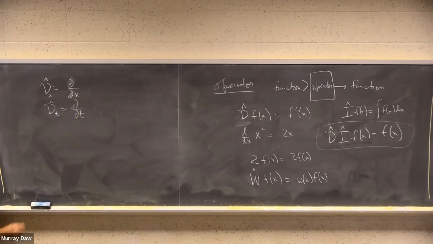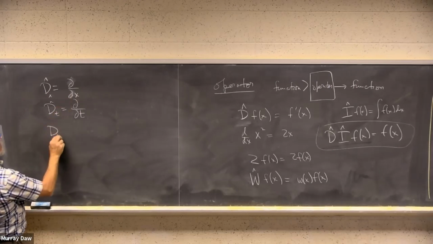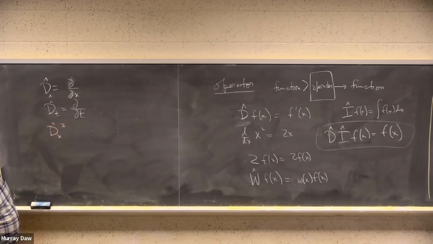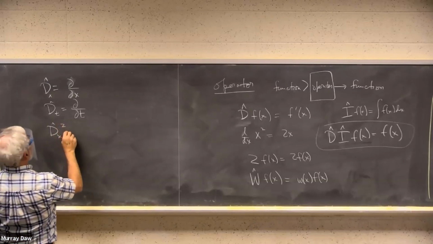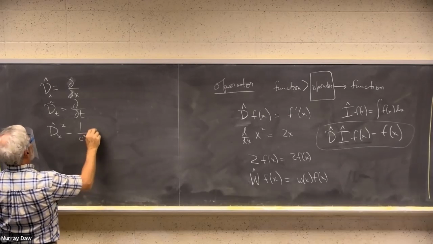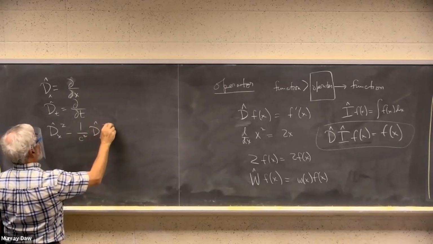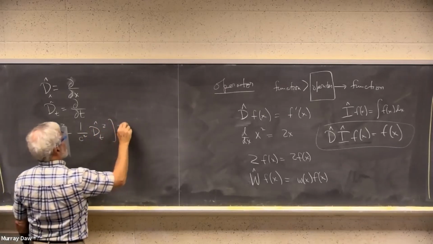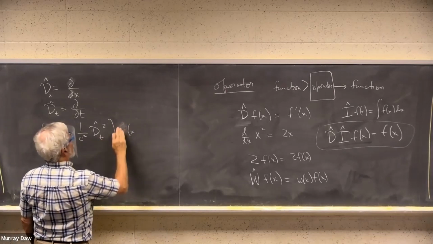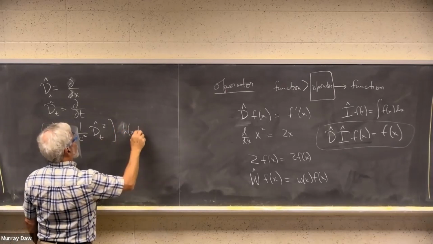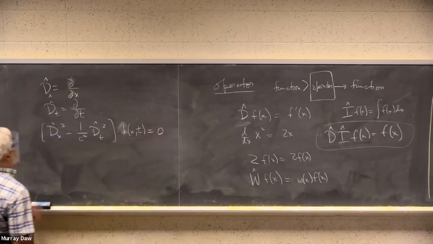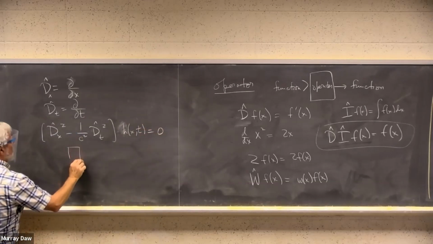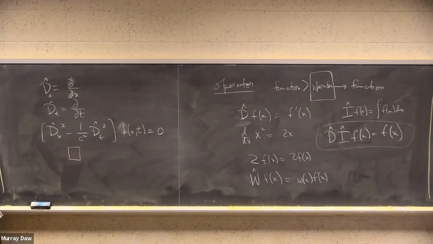Okay, so the second derivative then is a square of this operator. And the second derivative here, let's just say h of x, t is equal to 0. And this thing is called the d'Alembertian, also called the square bracket.